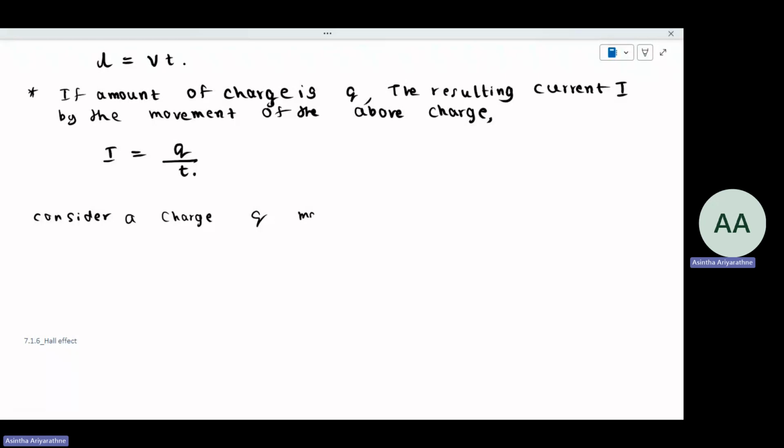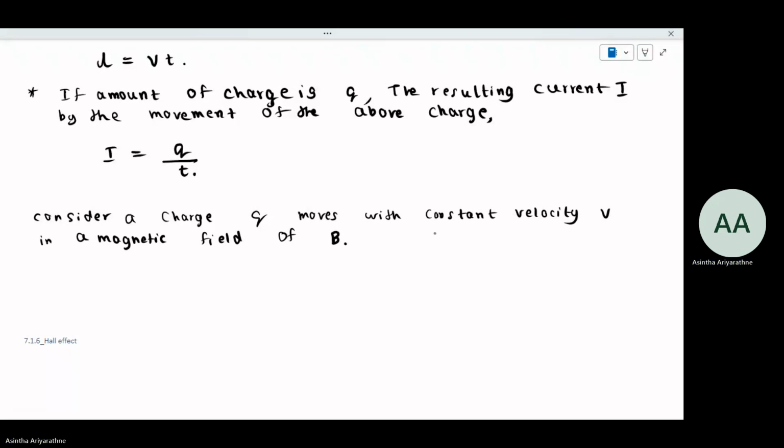moves with the velocity v in a magnetic field of B, at theta angle to the magnetic field.